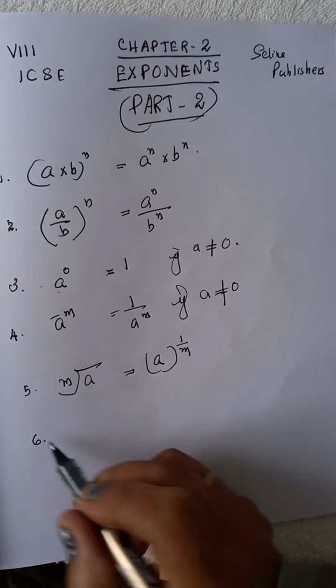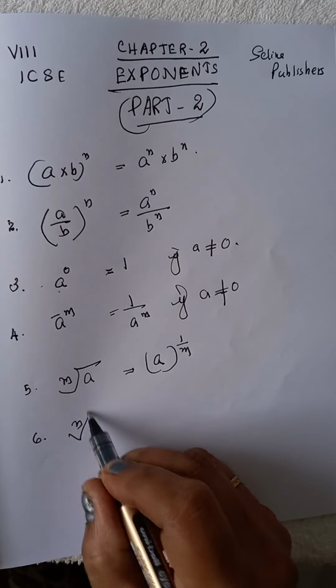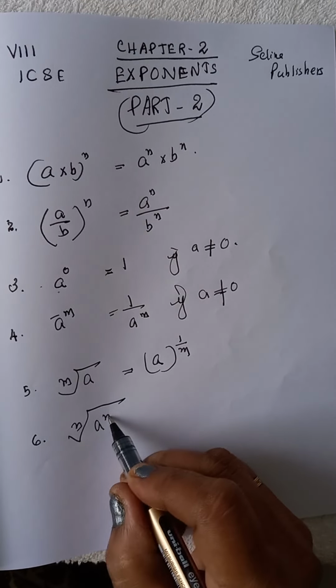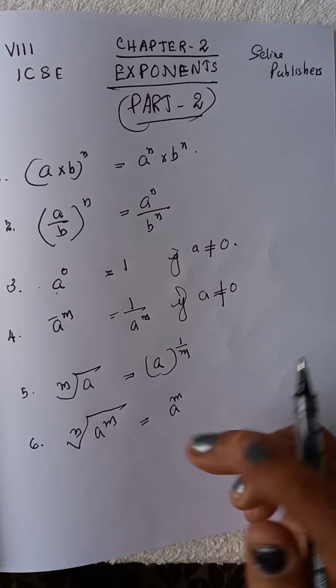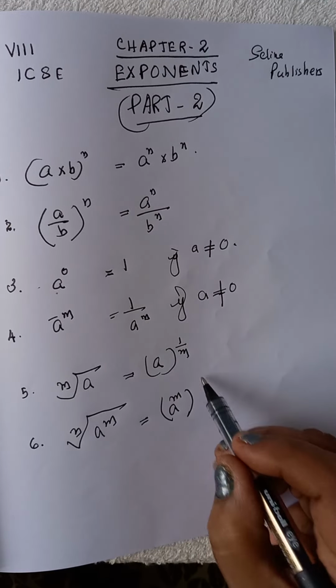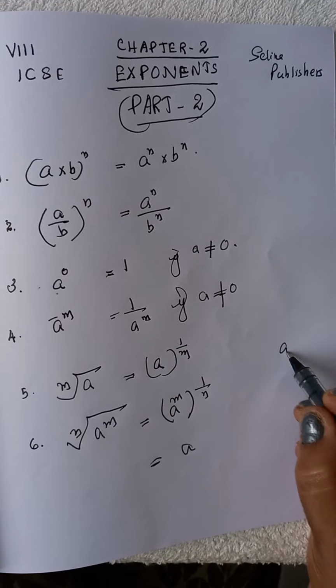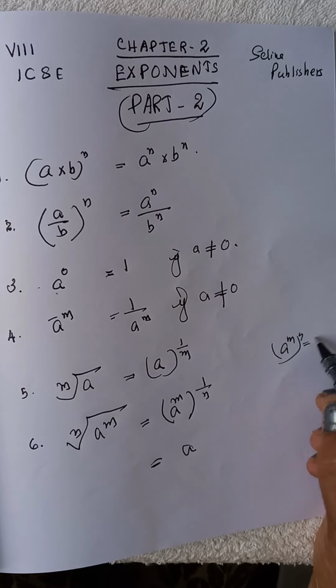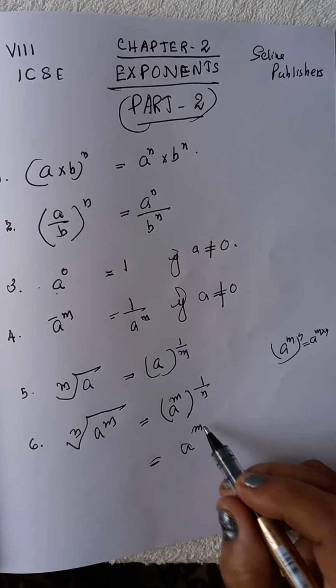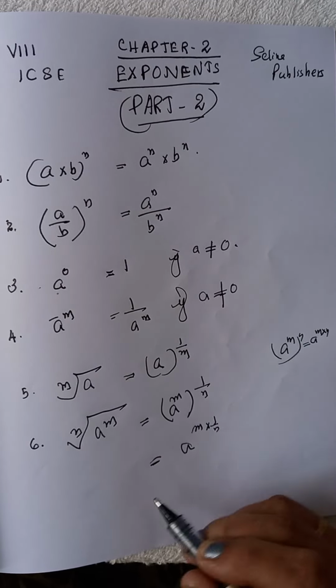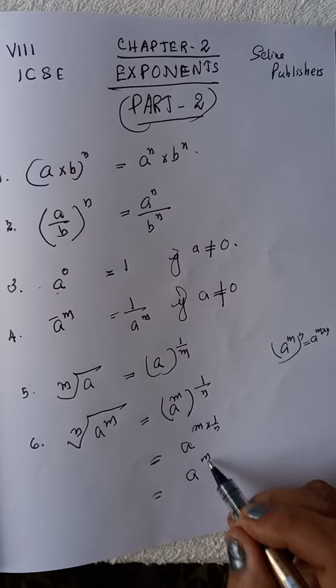Now the next one is the nth root of a raised to m, that is equal to (a raised to m) whole raised to 1 by n. Using (a raised to m) raised to n is a raised to m into n, that is a raised to m into 1 by n, that is equal to a raised to m by n.